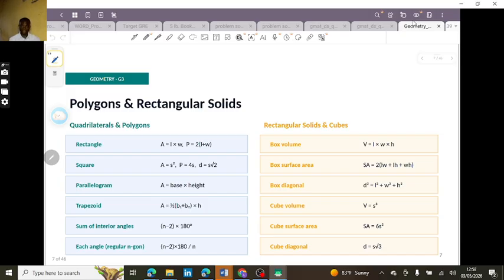For instance, rectangles are also parallelograms, and we already know that squares are rectangles. We know the area of a square is s squared, because it's actually side times side, which is side squared. Can we move to another page?